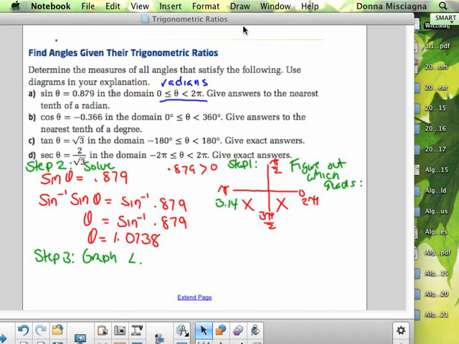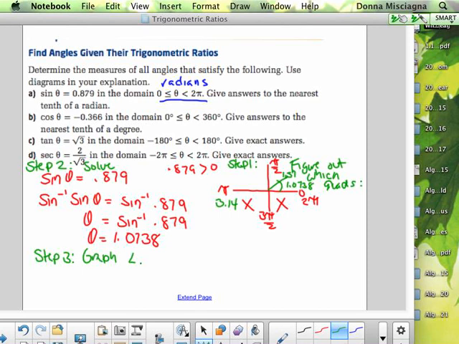Actually, just put 1.57. So 1.57 is about pi halves. So we can see we got the answer for the first quadrant, and that's kind of to be expected, right? So when you solve, the answer that you're going to get is in the first quadrant, right? So this right here, that's our 1.0738. All right, that's our first answer.